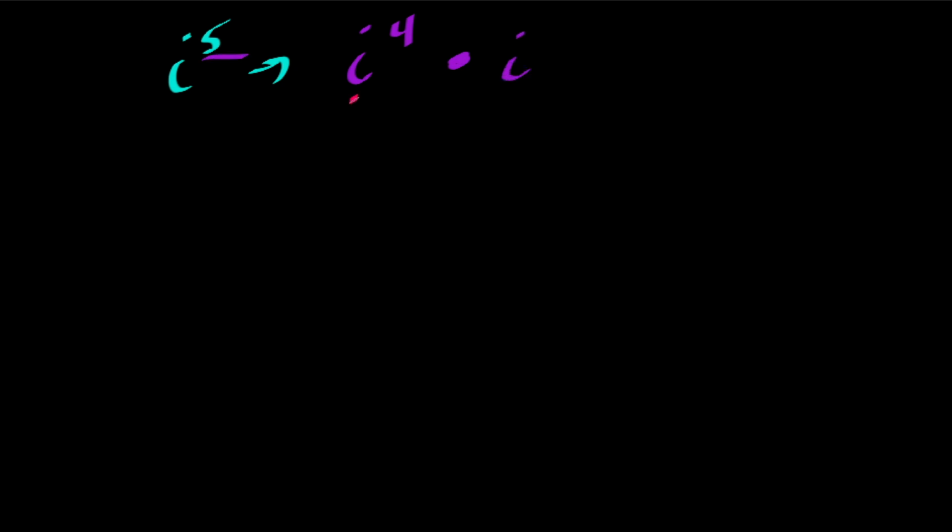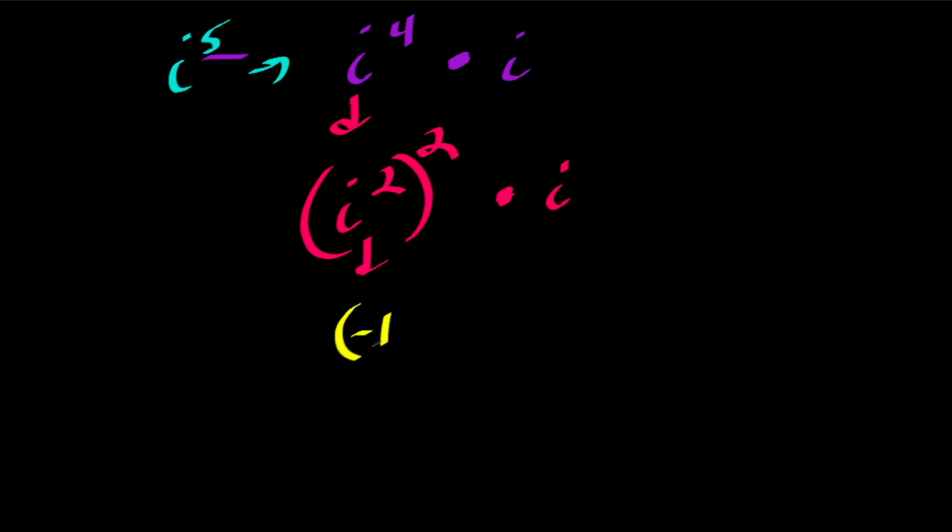So now I can rewrite i to the 4th as i squared set to a power to give me this 4 back. It would actually have to be the power of 2, because remember, we're multiplying our exponents. So now I can replace this i squared with -1, and -1 squared is just 1, so this would leave me with i.